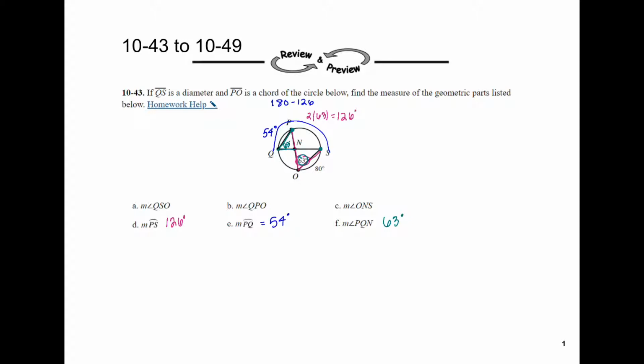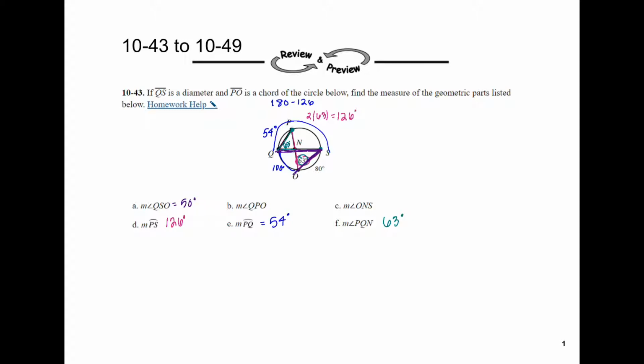I can then determine this arc length right here, because if I take 180 minus 80, I know that this arc length should be 100 degrees, which would make QSO half of 100. So angle QSO would equal 50 degrees.